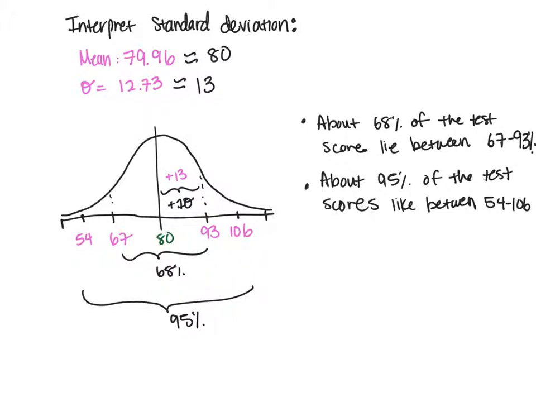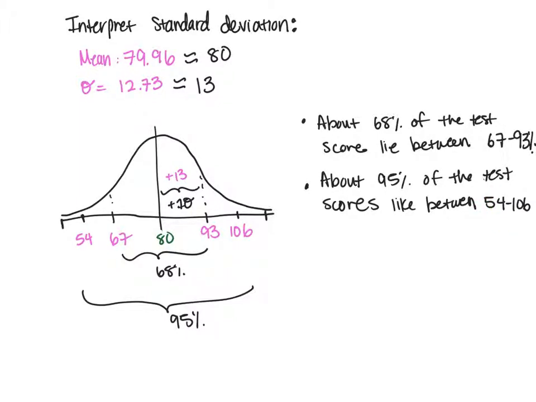So the majority of my data is going to be found here at 1 standard deviation. If you have 2 standard deviations, this actually accounted for all of my upper tier range. However, 54 is not the lowest grade that someone made on my test.